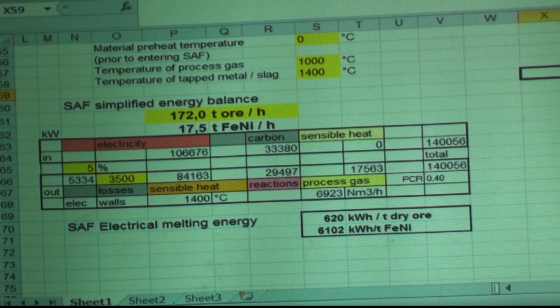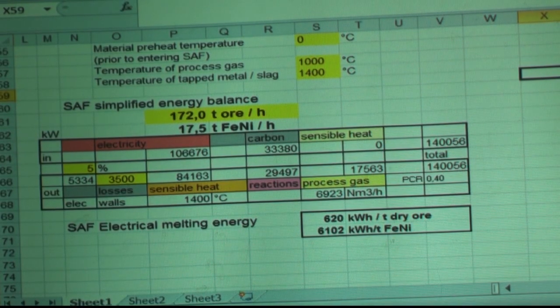Yes, it's 620. It's more, but not so much different. Maybe. Bus resistance. Yeah. 10 million.